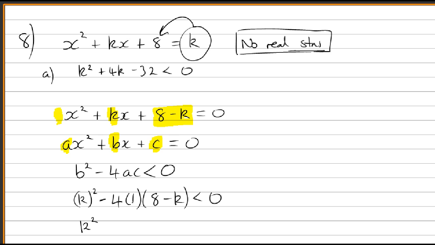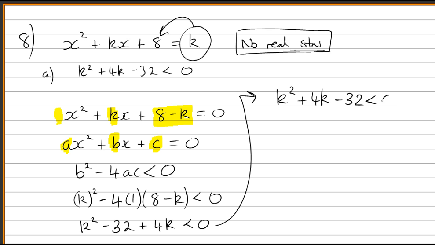Now minus 4 times 8 is minus 32, and minus 4 times minus k is plus 4k, which is less than 0. So if we just go back up here, k squared plus 4k minus 32 is less than 0, and that's our required answer for part A.